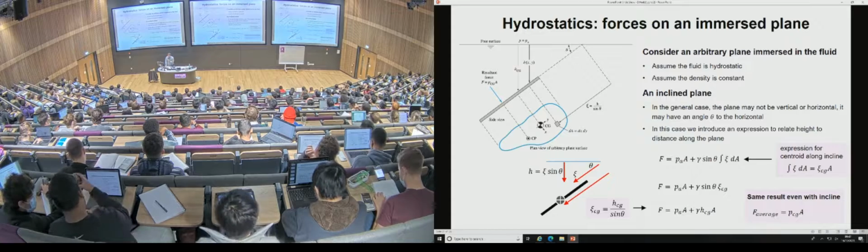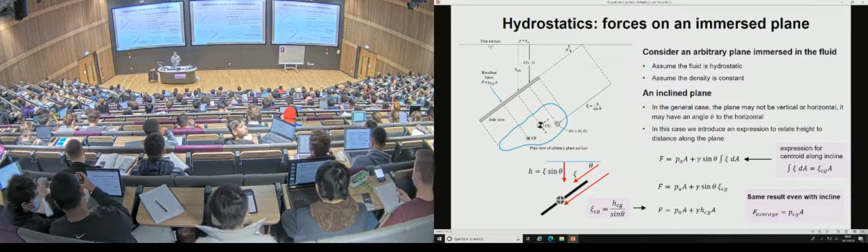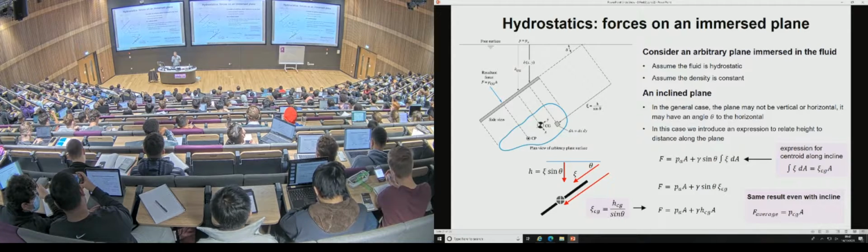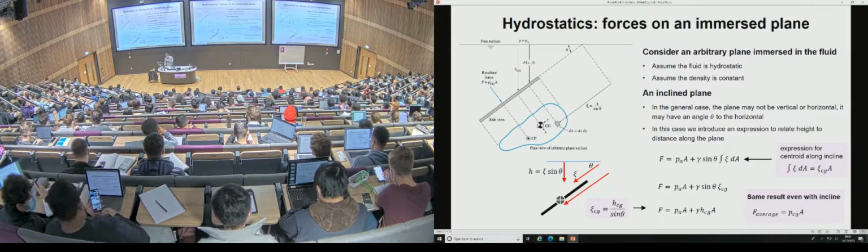The main thing I want to say from this slide is that regardless of your coordinate system, you get exactly the same result. A more complex shape needs a more complex coordinate system, but the same principles apply.